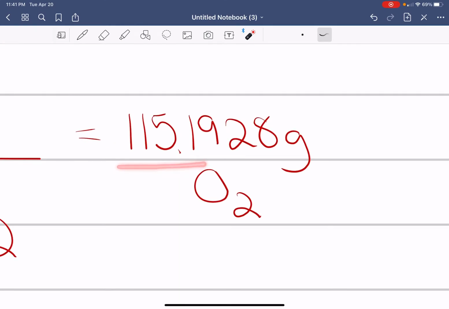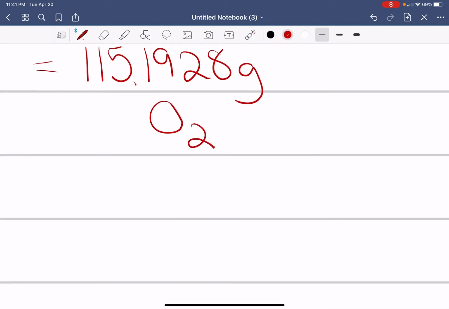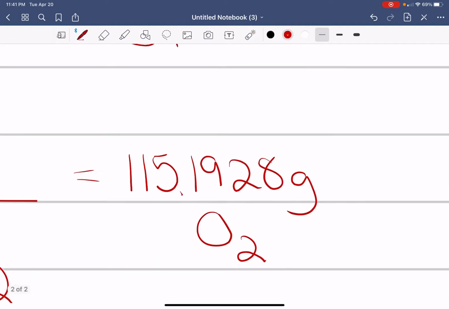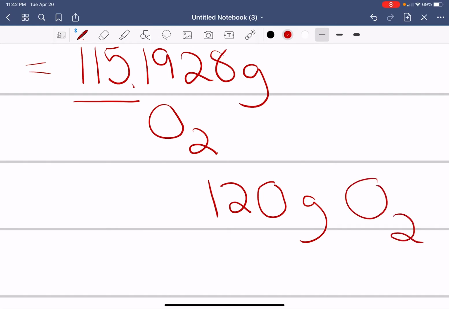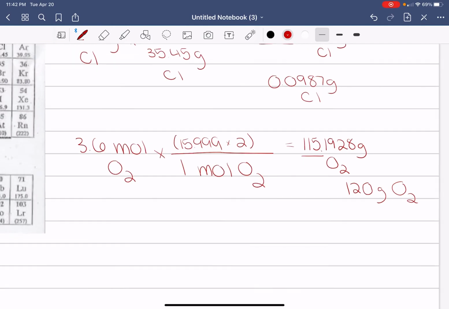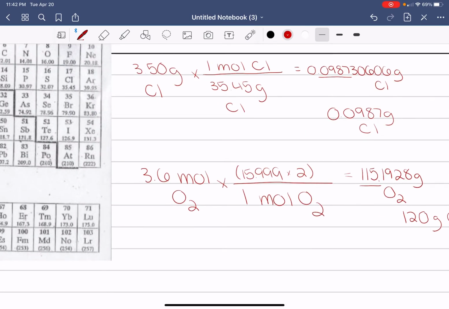So for these examples, it was grams to moles, or moles to grams.